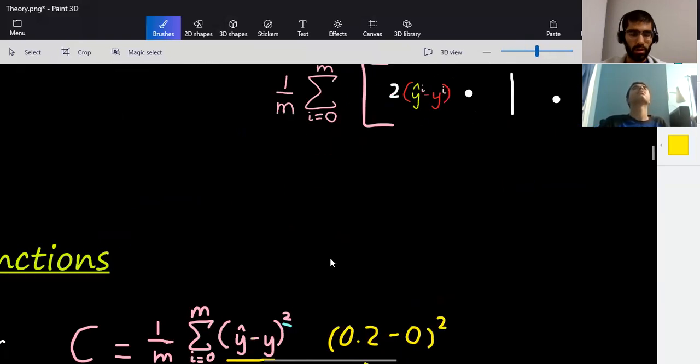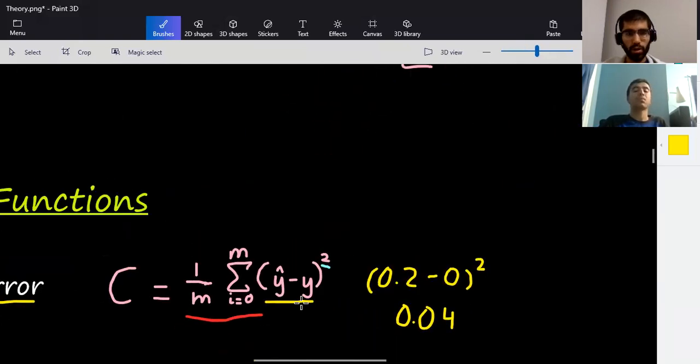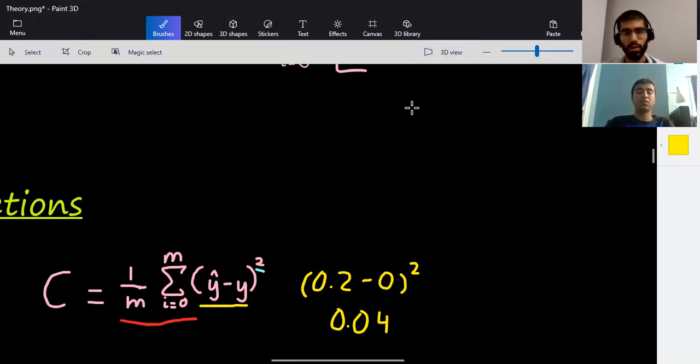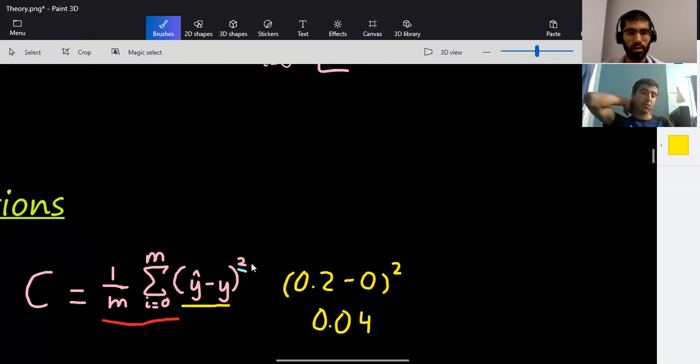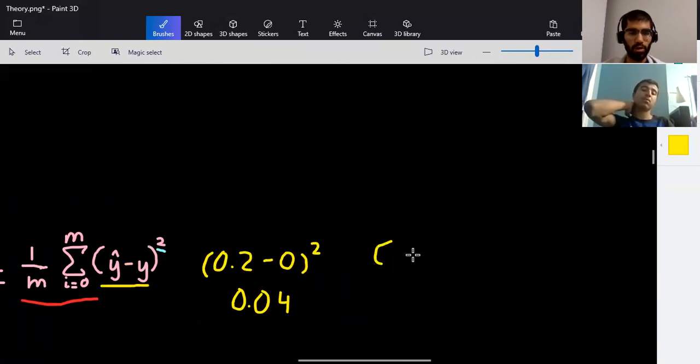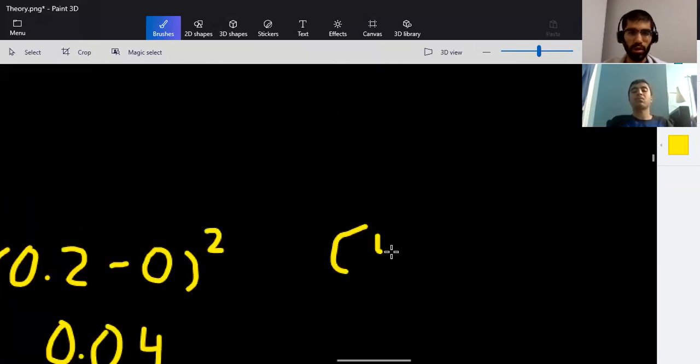Now, with that being said, why do we actually use the mean squared error function? It's pretty useful, just not for 0 to 1 ranges, so just not for the sigmoid function. When you use the sigmoid function as an activation function, don't use mean squared error as the cost function. However, imagine you have housing prices, like you predicted a housing price of 420K. That's a pretty big number.